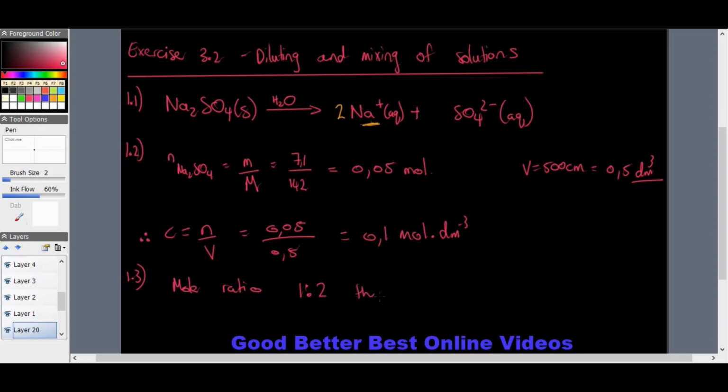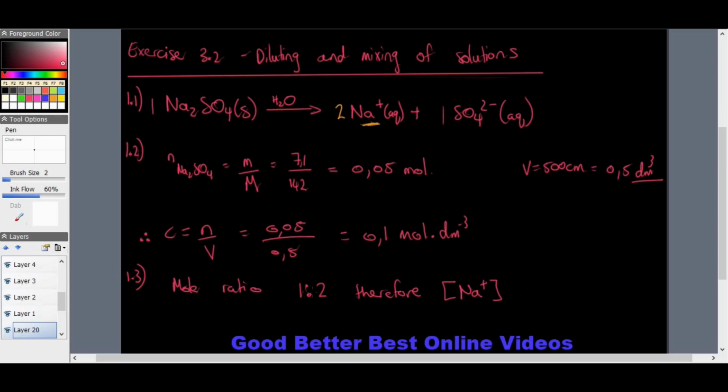So the concentration, in square brackets, of Na plus ions in solution is, since the proportion of Na2SO4 to Na plus is 1 to 2, that means 0,1 moles of Na2SO4 must have produced double the moles of Na plus ions.